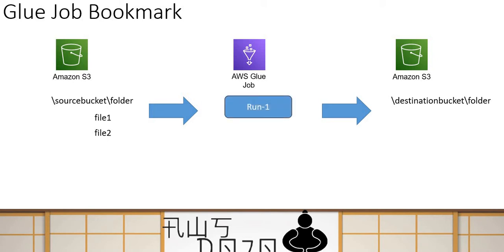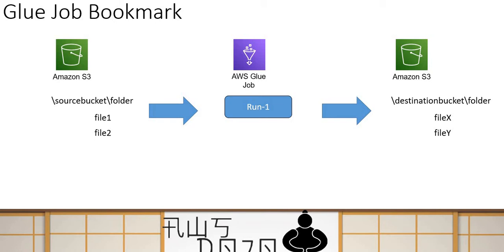When you run this job, there are file 1 and 2 available in your source bucket. The job runs and creates some destination files X and Y. So this is when we run the Glue job for the first time.